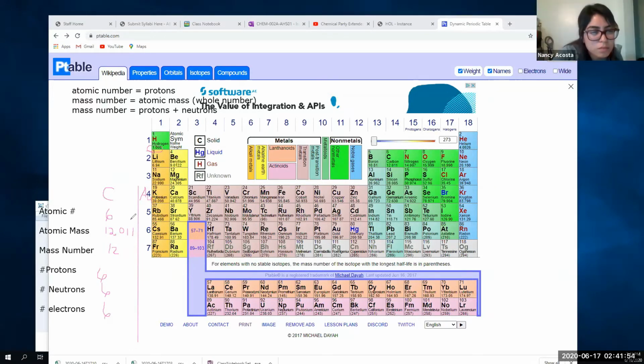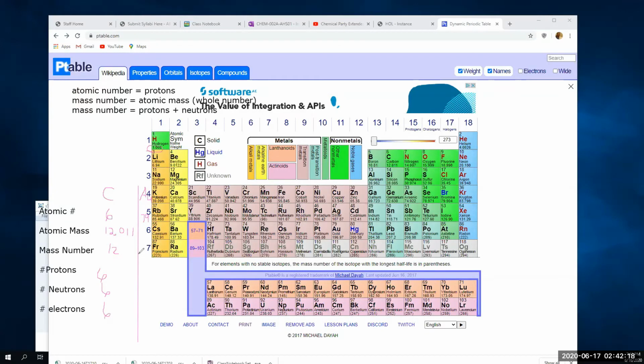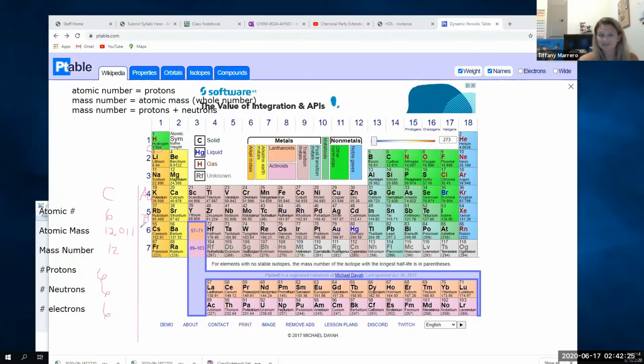What is the atomic number? 79. What is the mass number? 196.97. So we would round up, 197.